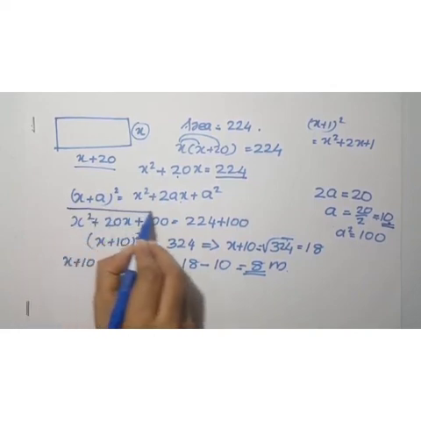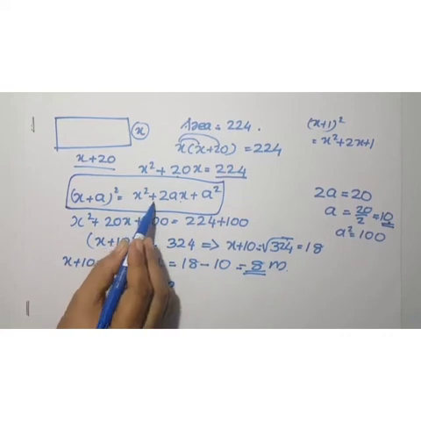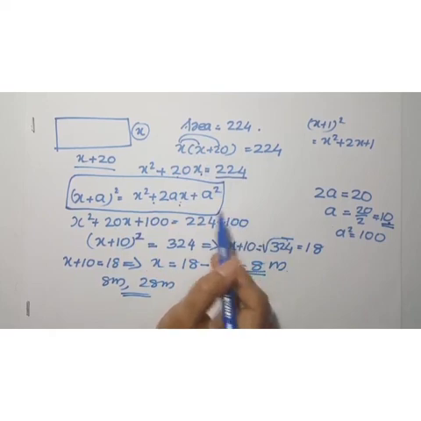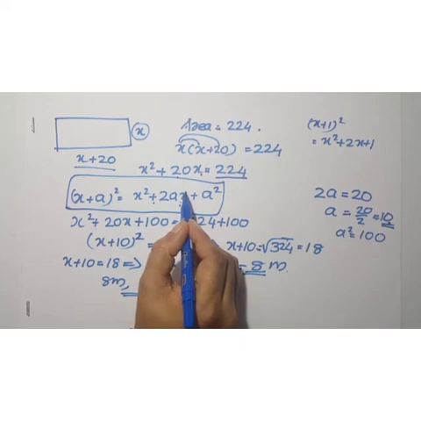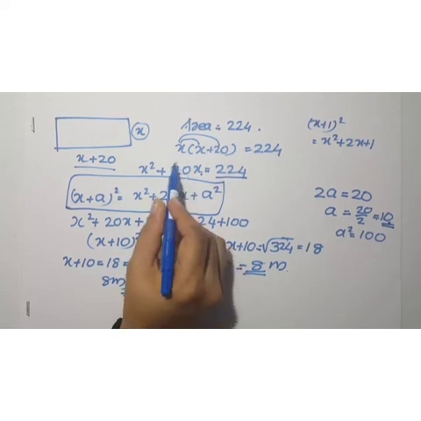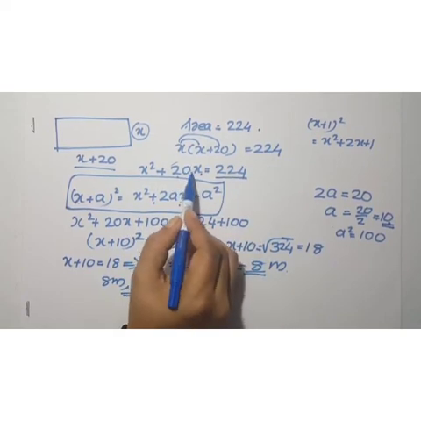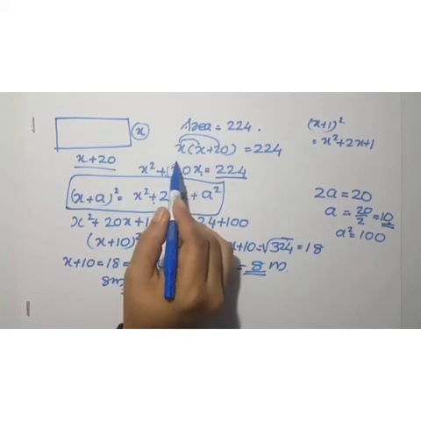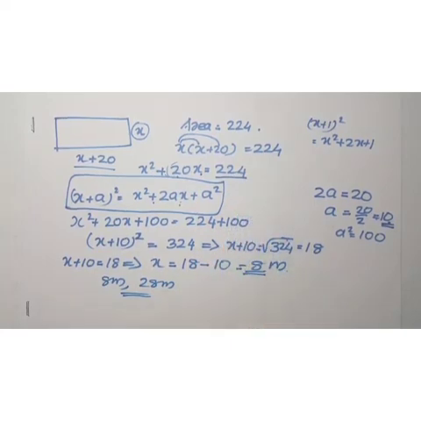It has a limitation: we use the completing the square method only when the coefficient of x square is 1. If we get something like 2x square, we cannot use the completing the square method. It is used only in cases like x square plus 20x, x square plus 4x, x square plus 5x. Completing the square method means we add the square of half the coefficient of x on both sides, complete the square of the expression, and find the solution of the second degree equation.